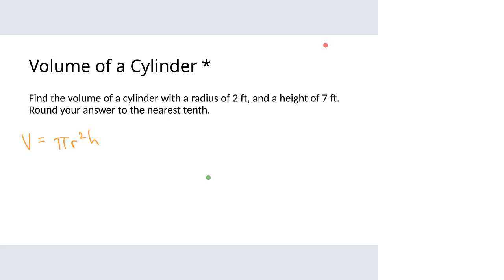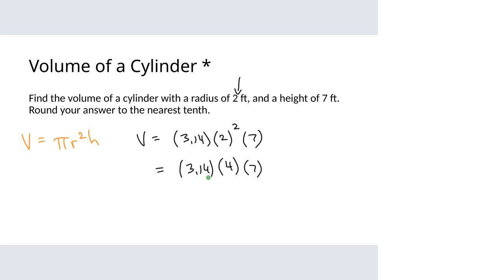And here what we have is the volume is going to be pi times the radius, which is 2 feet, squared times the height, which is 7. Really, what you have to be careful of here is making sure you do order of operations properly, so that we have 3.14 times 2 squared times 7, and then we'll multiply these together to end up with 87.92.